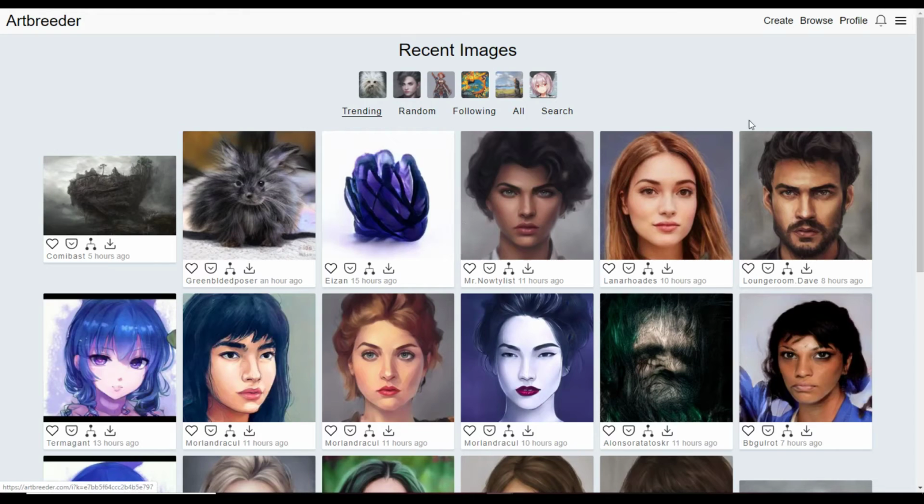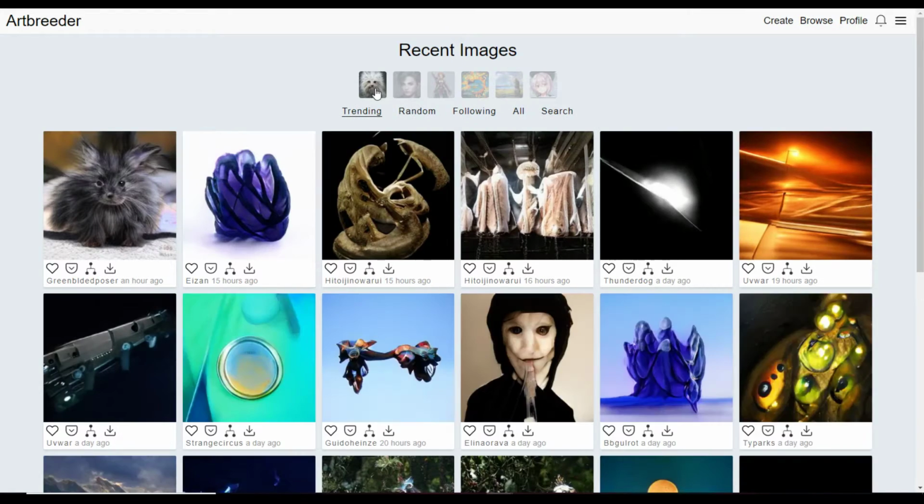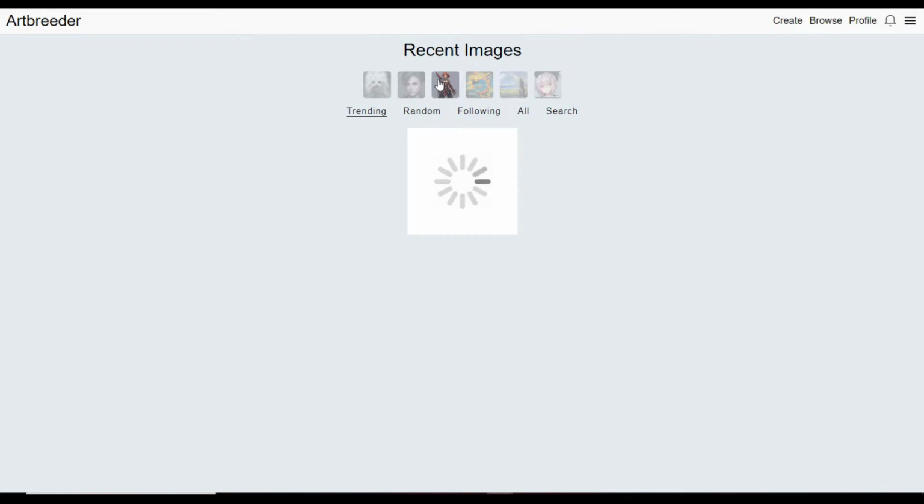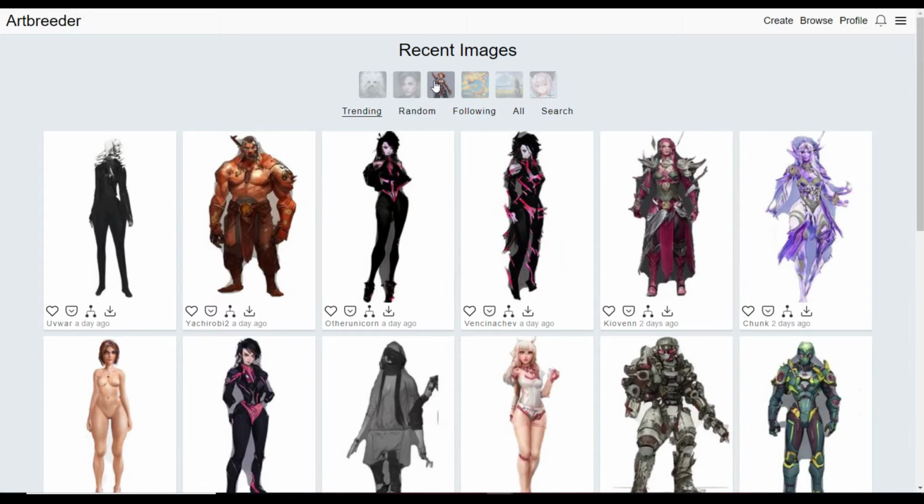So it's an interesting tool. The categories here are, let's see, these are just general images. These ones are faces. Oh, this one is like character art.